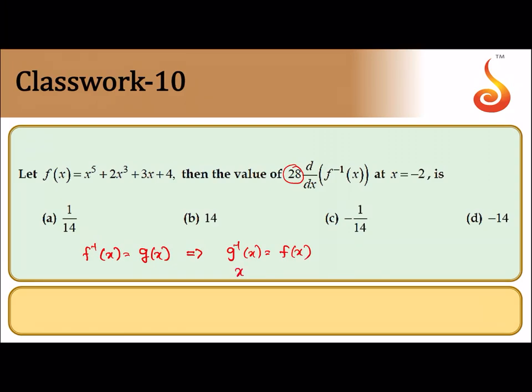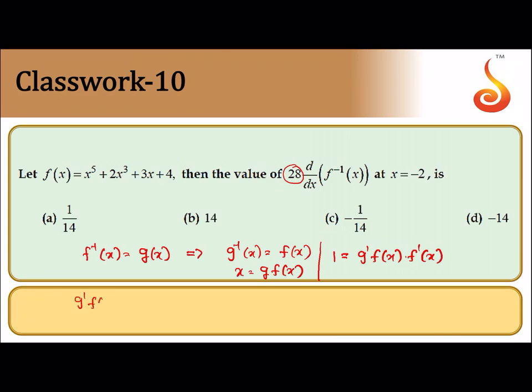Now, there's a typographical error. This is nothing. So, d by dx of f inverse x. Here we take f inverse x equal to g(x). This also implies that g inverse x is equal to f of x. So, we write x equal to g of f(x).